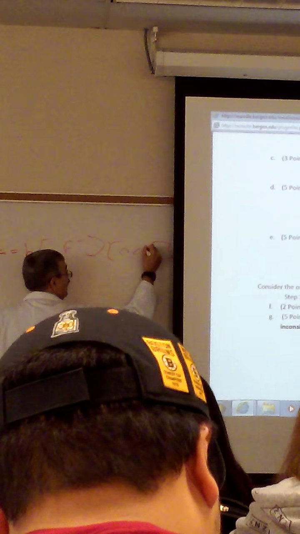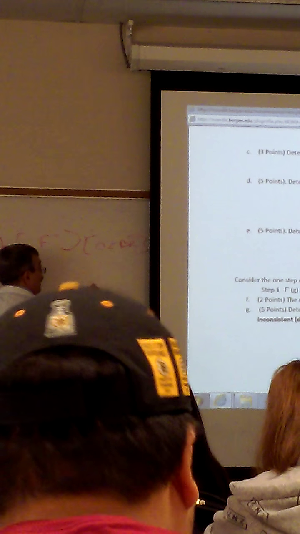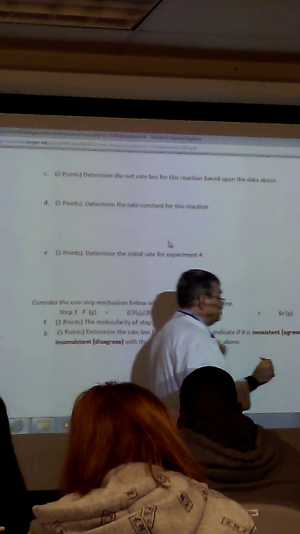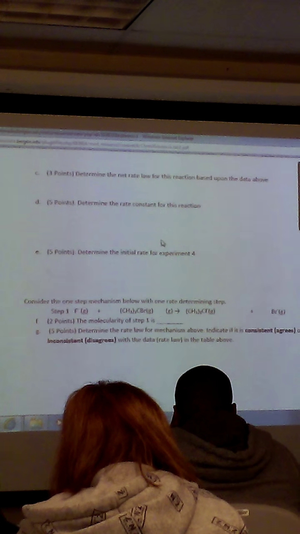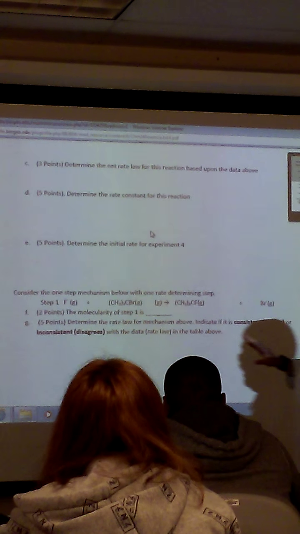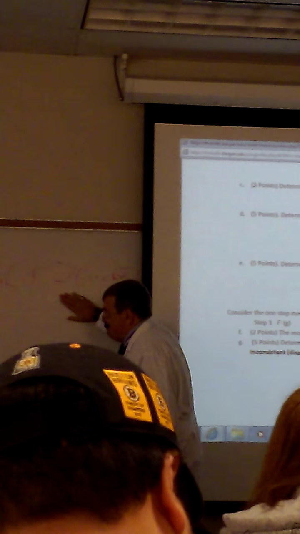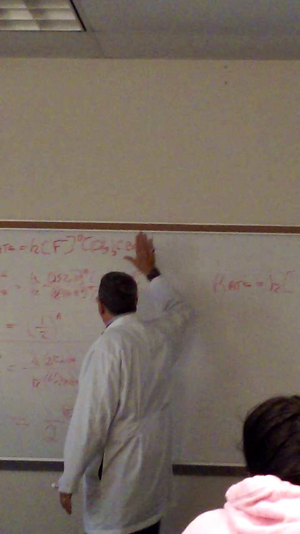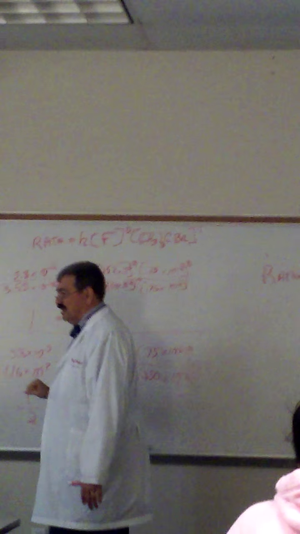And here's the C, C with the Br and a whole bunch of N, which also affects the rate. That's what these two things mean. Here is the rate law from the mechanism. Here is the rate law from the kinetics.